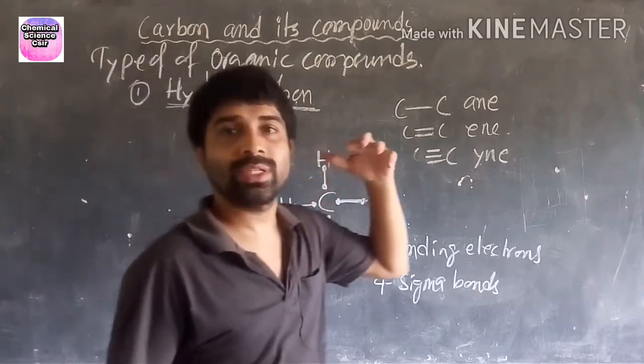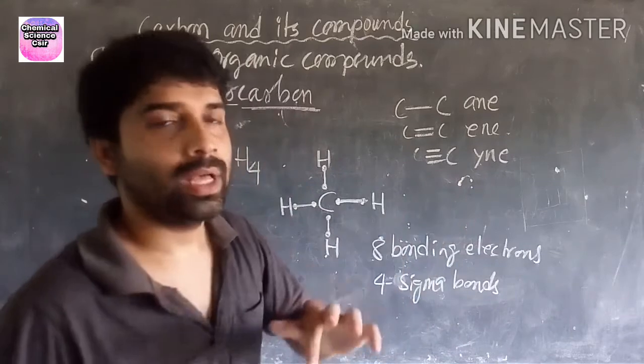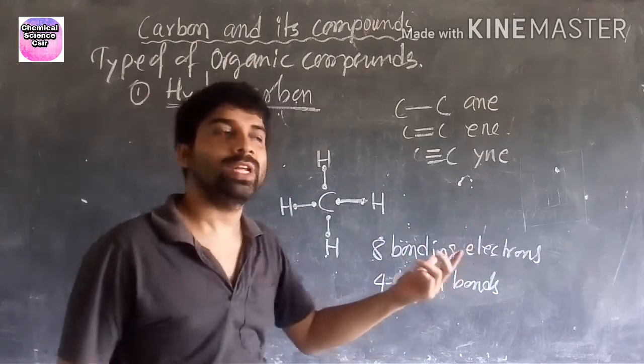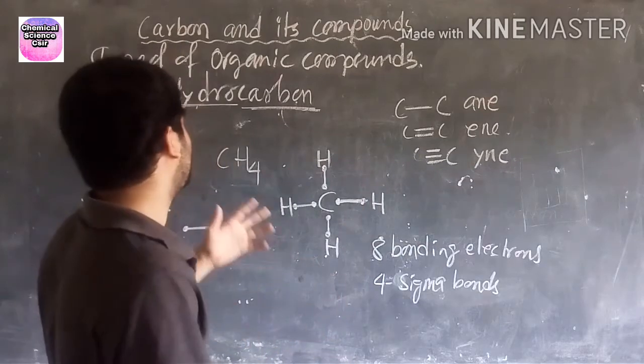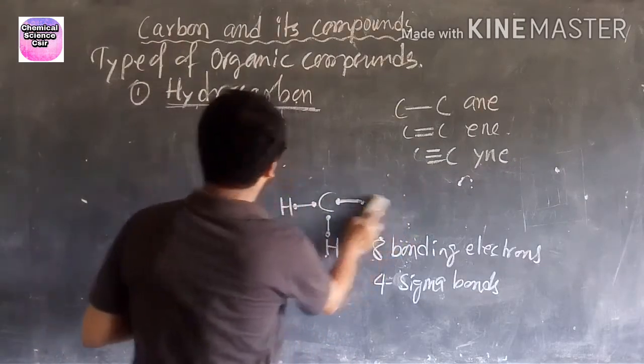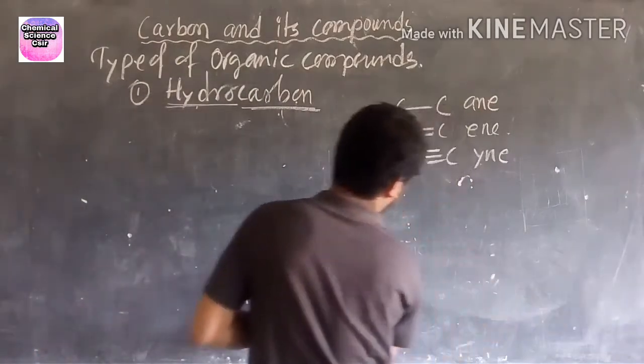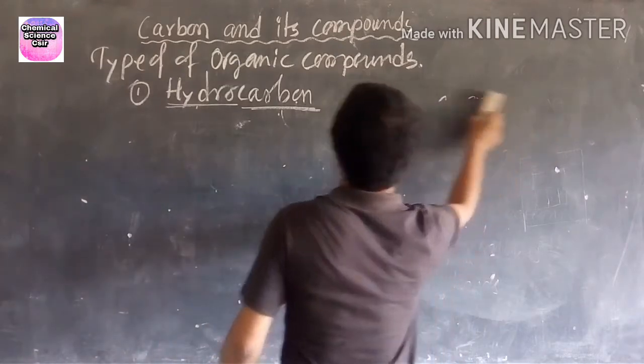So hydrocarbons are of 2 types: one is saturated and the other unsaturated. Before discussing saturated and unsaturated, first of all I will discuss the Lewis dot structure.